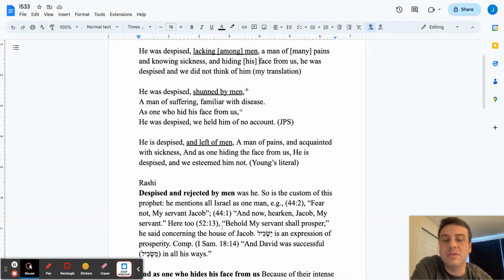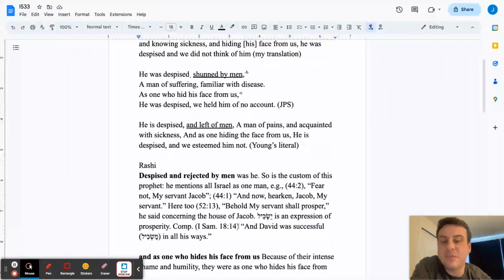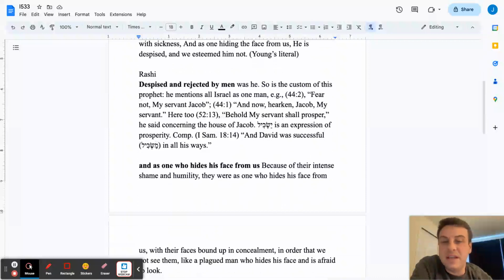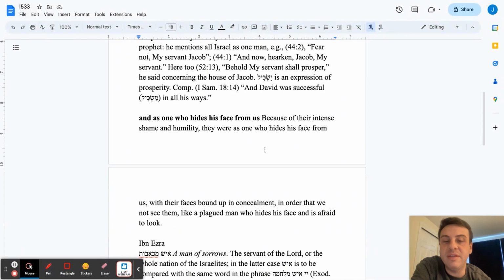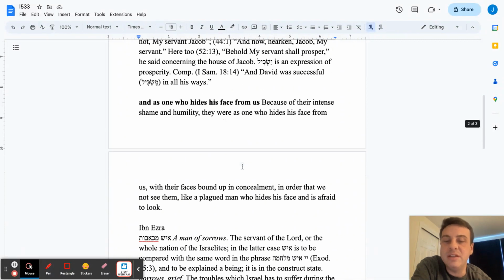So we know that the servant is the people of Israel, and the second thing that Rashi mentions is the part where it says he hides his face from us, because of the shame and humility that the Jewish people have faced throughout their time in history. And that's what he's talking about here.